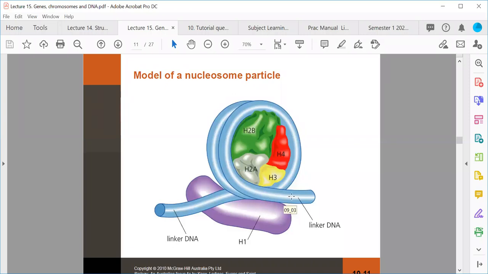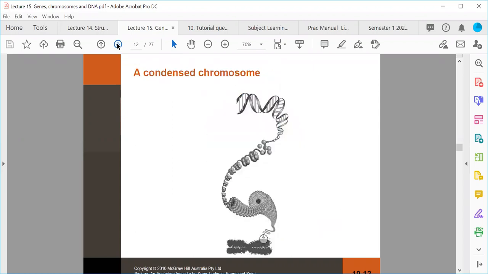Okay, and then there's a little bit of DNA that's not wound around the histones, and it's called linker DNA. And if we were to follow this DNA along, you would find that the next region of DNA would wind 1.5 times around another core of histones. So that's basically what a nucleosome looks like.